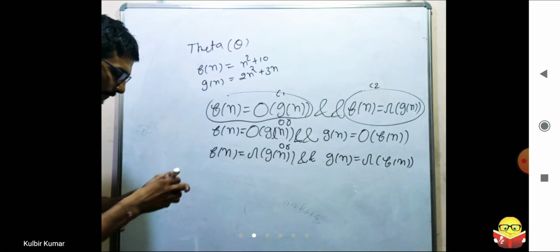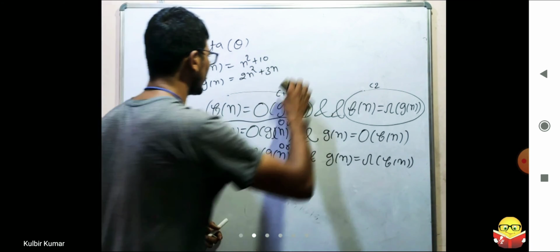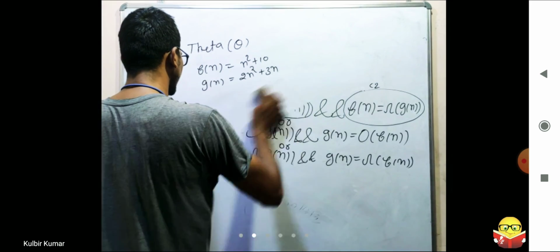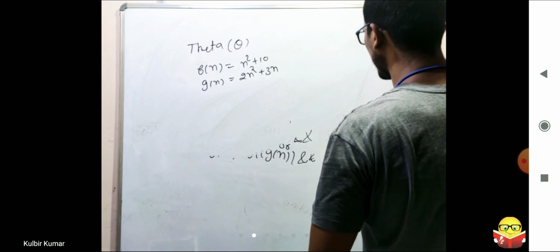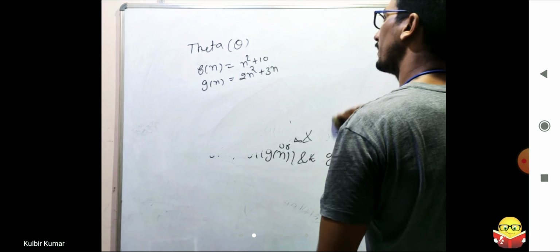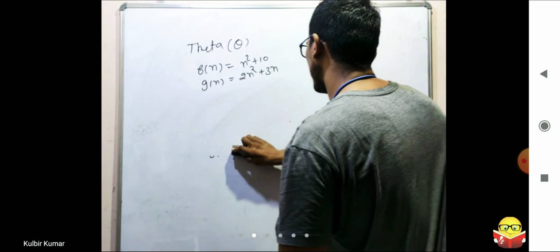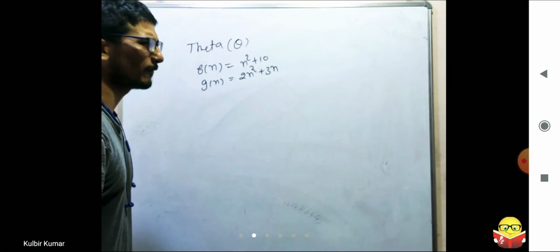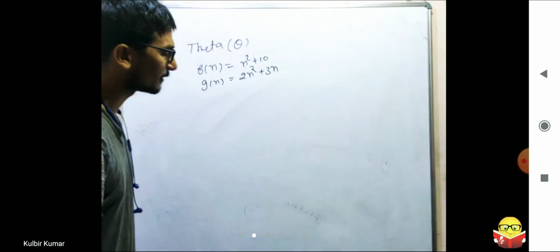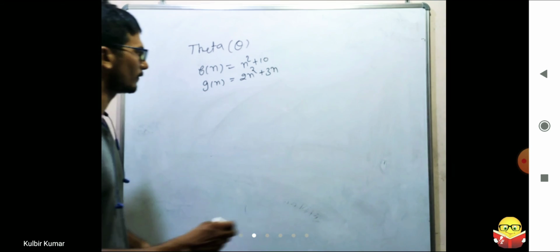That's it. Got it? So what you have to do, I have to prove f of n is theta of g of n, and further I think theta is reflexive. So you can write down f of n is theta of n, or you can write down theta of n is f of n. Sorry, not reflexive, symmetric. It is symmetric as well as reflexive. Later I will talk about the properties.